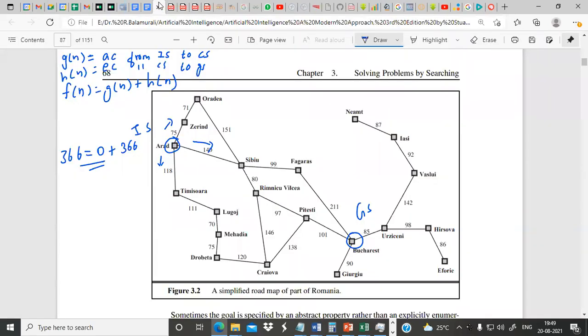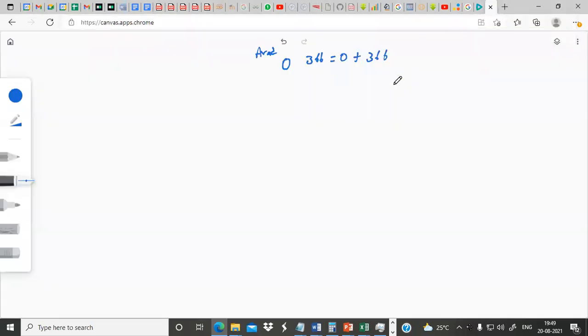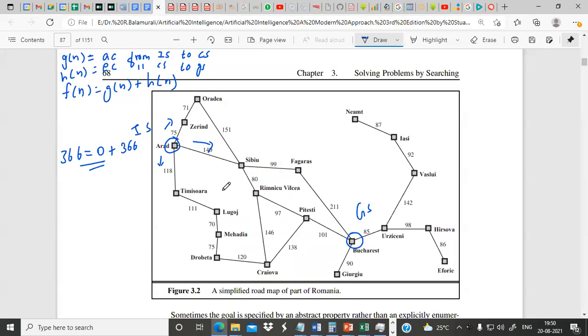Okay. From Arad, where can we move? We can move to Timisoara, Sibiu, and Zerind. So how can I represent that? So this is Arad. From Arad, we can move to Timisoara, Sibiu and Zerind.